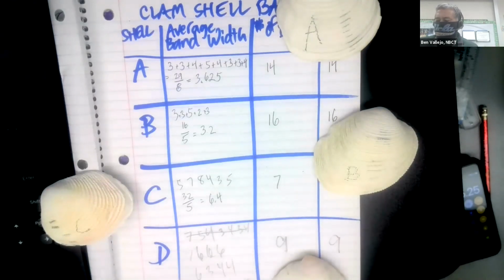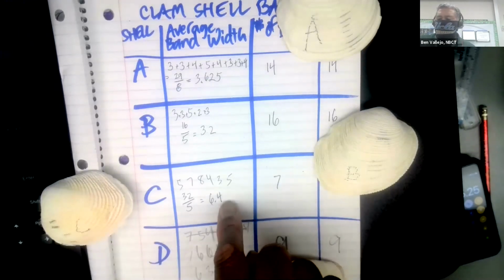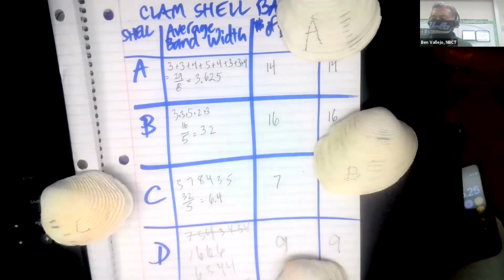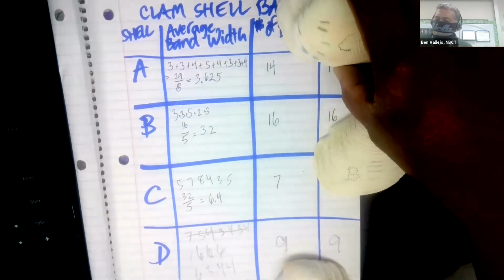Also almost as big as C, but you can see that the bandwidth was a little bit smaller than C. Interesting that this guy had the largest bands compared to all these other three. And it's almost as big as A and B, but it is definitely the youngest.